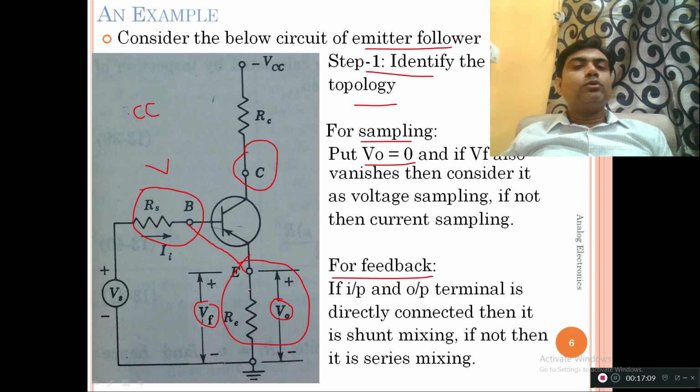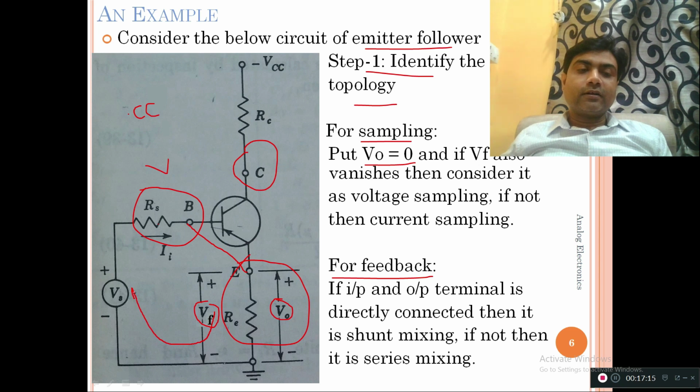If this trick is not working for you, then you have to see whether the feedback element is in series with the source voltage Vs, or is it connected in parallel with the source voltage Vs. So these are the two things you have to remember. You can either determine whether the input terminal is directly connected with the output terminal, or you can determine whether the feedback element is in series with the source voltage or in parallel with the source voltage.